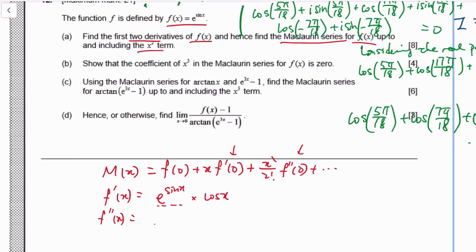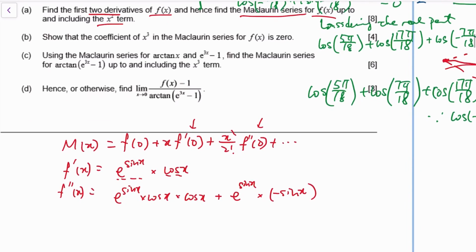It's basically what we just did. So chain rule times copy the other thing, plus copy the first thing times differentiate the second thing, differentiate cosine x, negative sine x. So basic product rule shouldn't be hard for any one of you. Should we take out the e to the sine x? Let's say we take out the e to the sine x, then we have cosine squared x minus sine x. Okay.